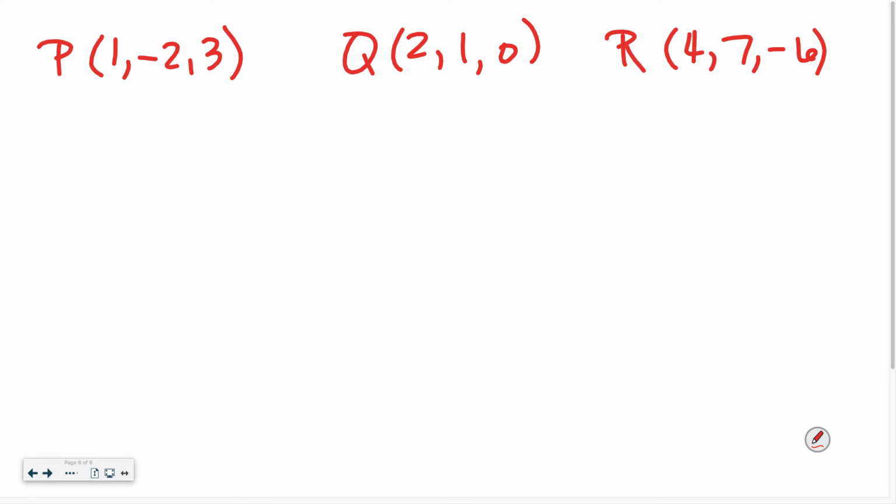So if we have 3 coordinates, then what we can do is create any combination of 2 to make a vector. All we need is 2 vectors. If we create 2 vectors, and those 2 vectors share a point in common, then if they are parallel, they would form a line.